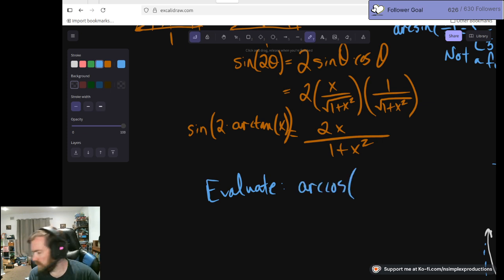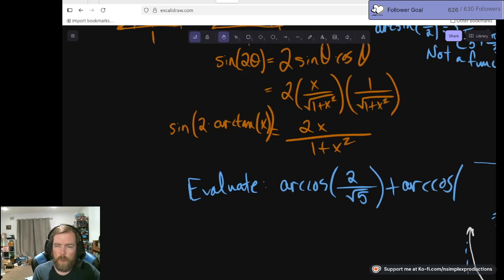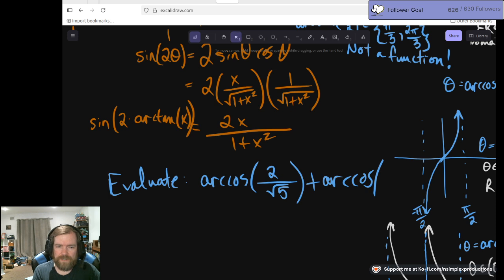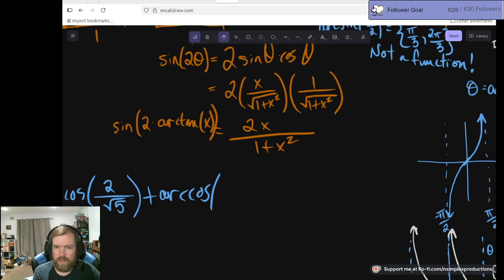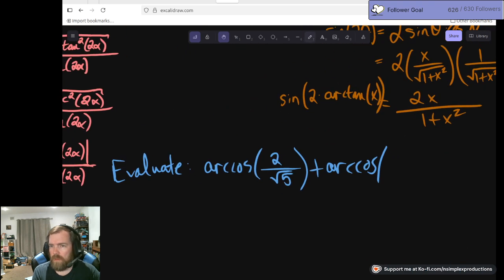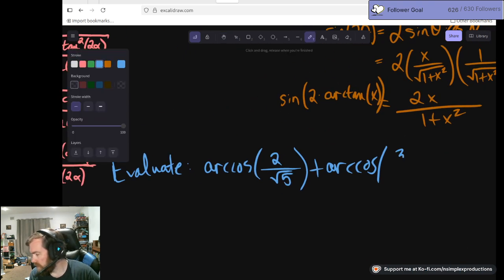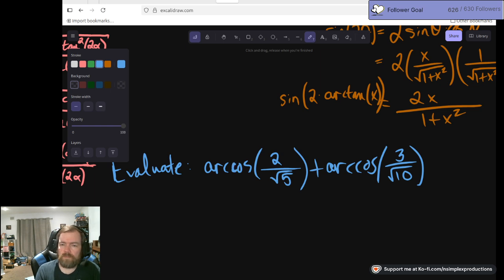Our cosine of 2 over the square root of 5 plus our cosine of 3 over square root of 10. Well, we can do the same thing with this.